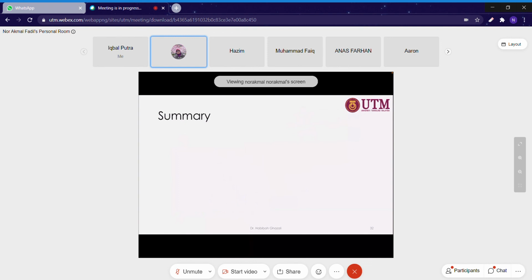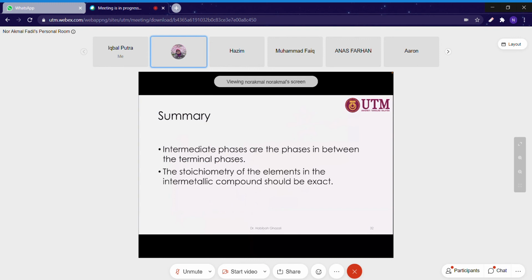isothermal reactions. The intermediate phases are the phases in between the terminal phases. The stoichiometry of the elements in the intermetallic compound should be exact. A eutectic reaction is a reaction when a single phase transforms into two other phases.